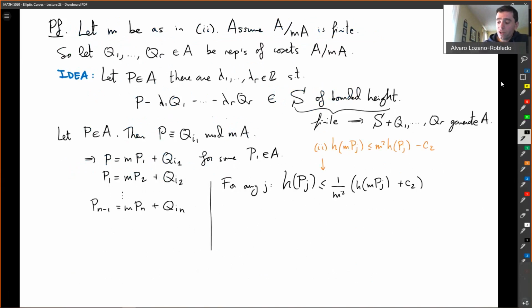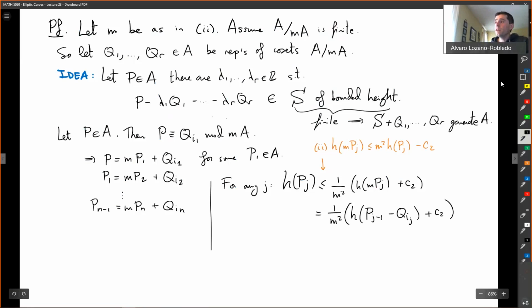Now, using the definition of pj in terms of pj minus 1, this is equal to 1 over m squared times height of m times pj, which is pj minus 1 minus qij, plus c2. And now I can use part 1 of the properties.